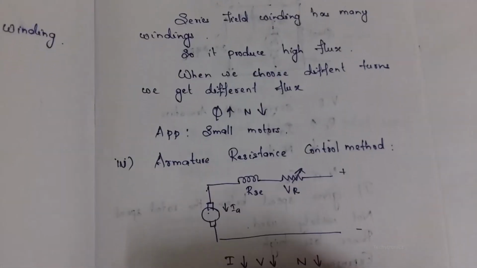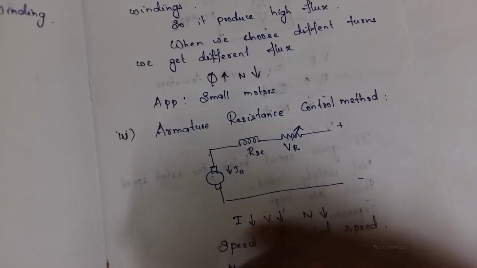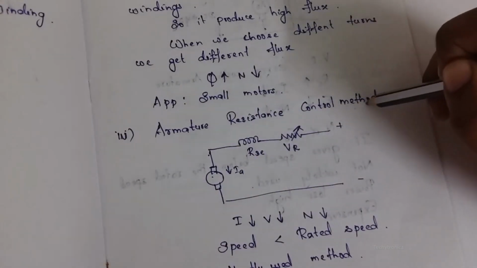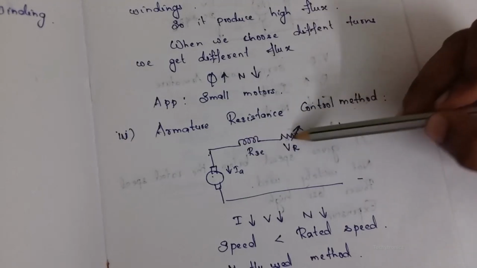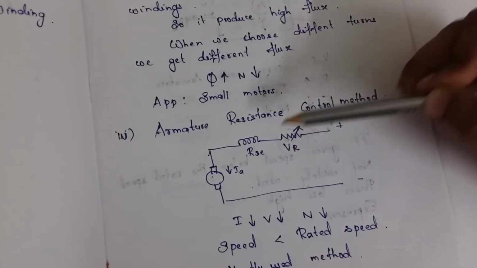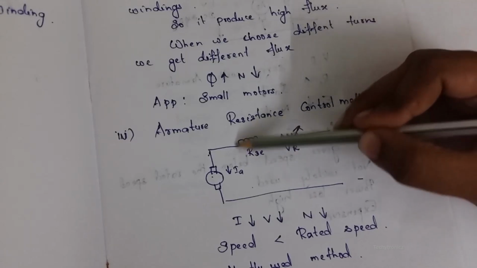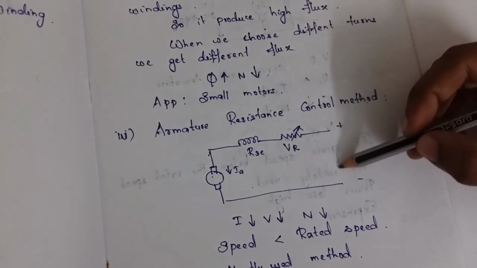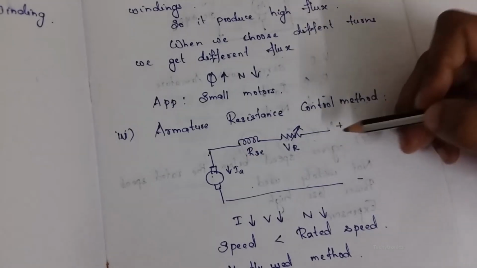Then the fourth type is the armature resistance control method. In the armature resistance control method, a variable rheostat is connected in series. We give DC supply and the current flows.